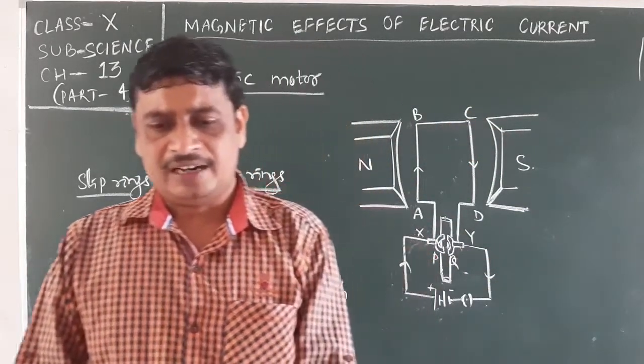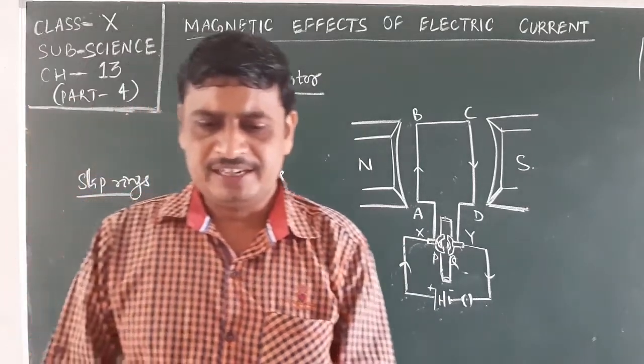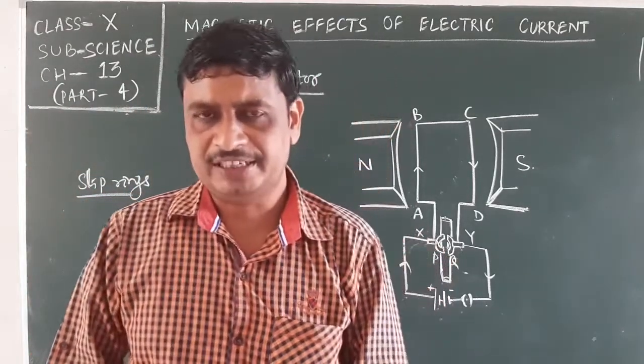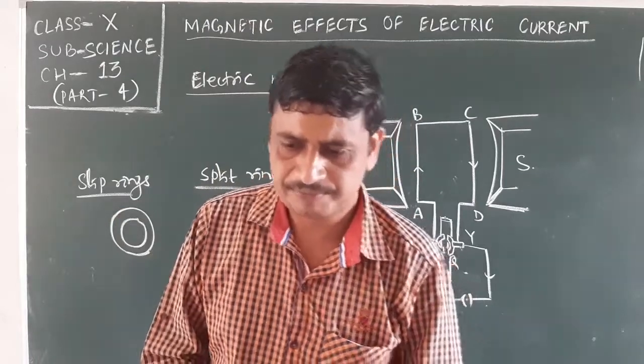The current in arm AB flows from A to B and in arm CD it flows from C to D, opposite directions to each other.